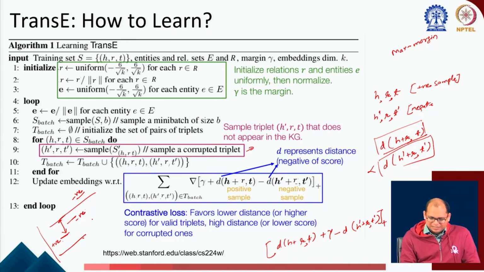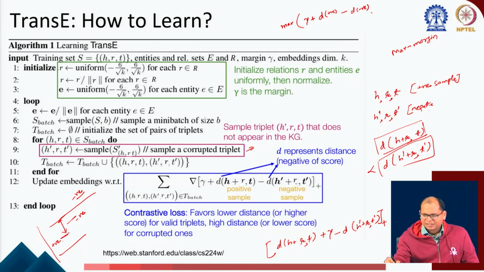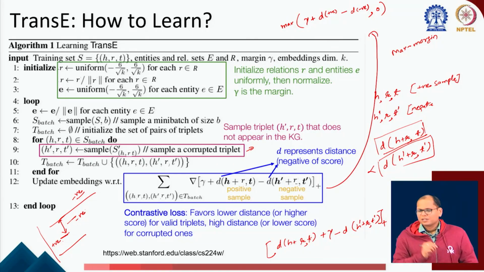So the function that you use is the max of gamma plus distance positive minus distance negative, and 0, right. This is another way of writing it. If gamma plus d positive minus d negative is greater than 0, then you will train.